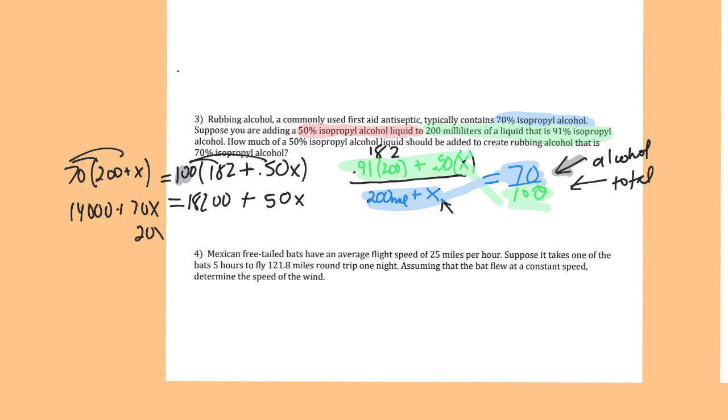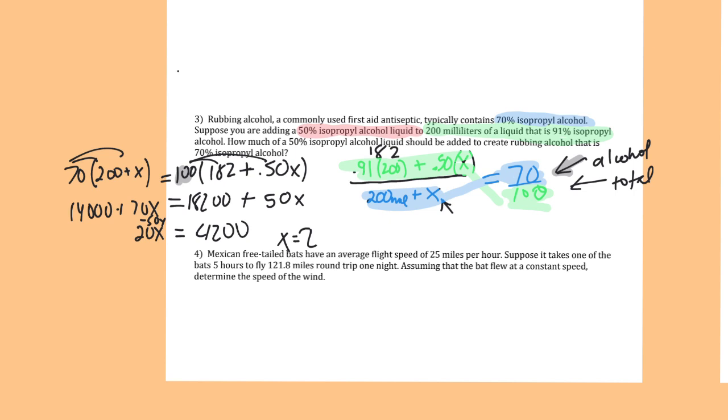You get 20x on this side if you minus 50x from both sides. And on the other hand side, if I take 182 minus 140, we're going to get 4,200. Divide both sides by 20, and you get 210.